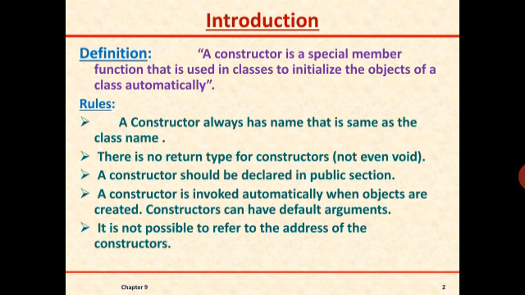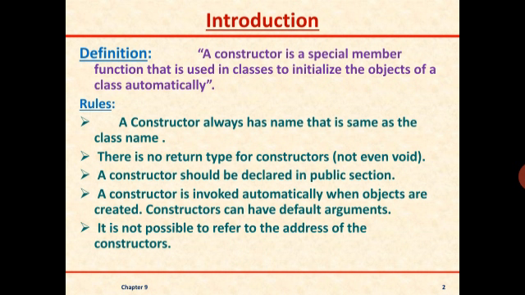So what does constructor mean? A constructor is a special member function that is used in the class to initialize the objects of the class automatically. It means if I am using a constructor, objects will be automatically initialized.